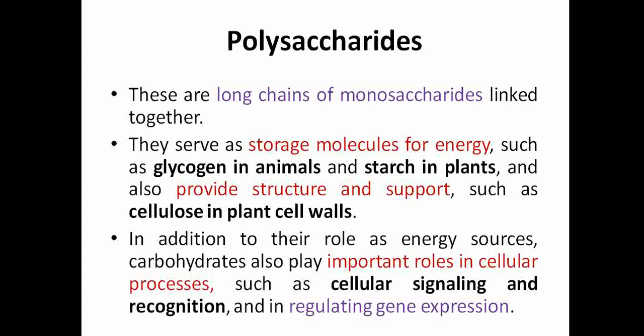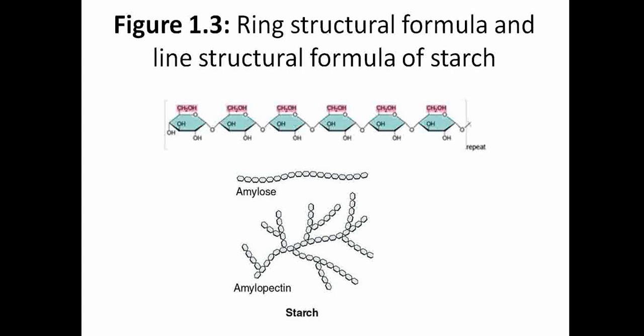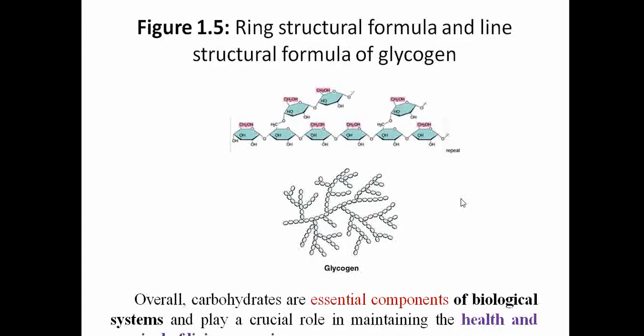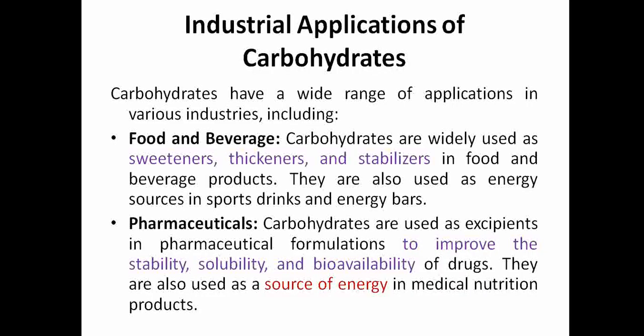Here you can see the structural formula and the line structural formula of starch. The same goes for cellulose and glycogen. Overall, carbohydrates are essential components of biological systems and play a crucial role in maintaining the health and survival of living organisms. So that was the introduction.